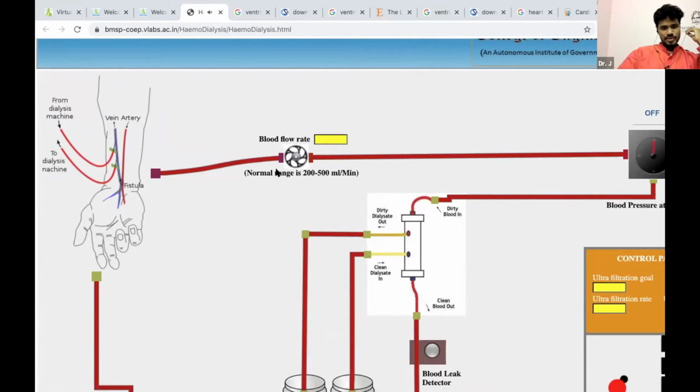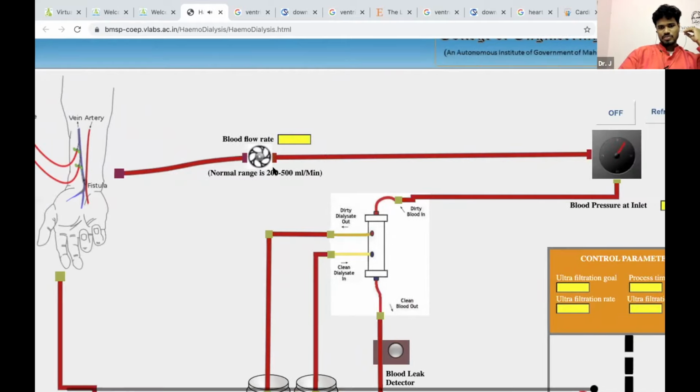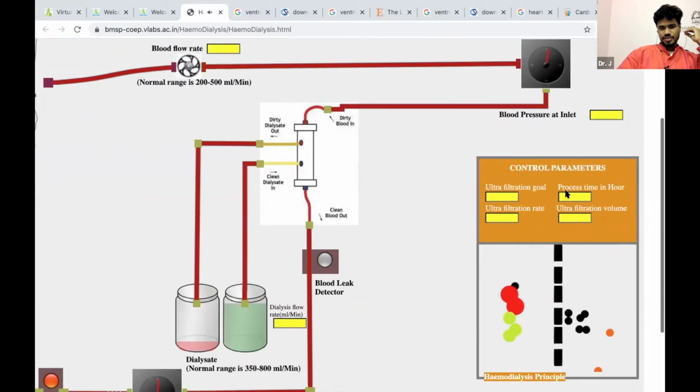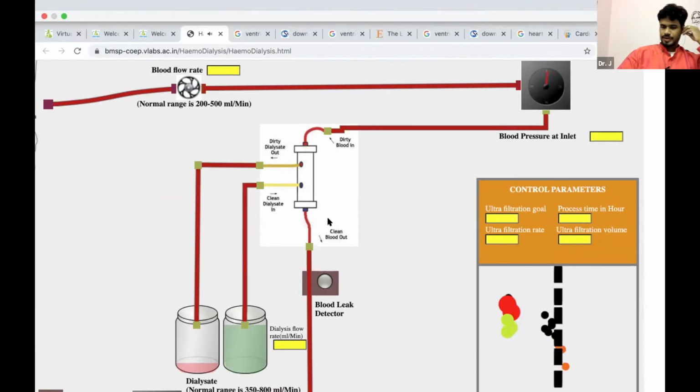But what is going on here is, you have a peristaltic pump that squeezes blood and controls the flow rate. Then you control the blood pressure. This is how dialysis works. There is some interesting detail here. Notice flow of blood is in this direction, from top to bottom. Dialysate, on the other hand, flows from bottom to top.